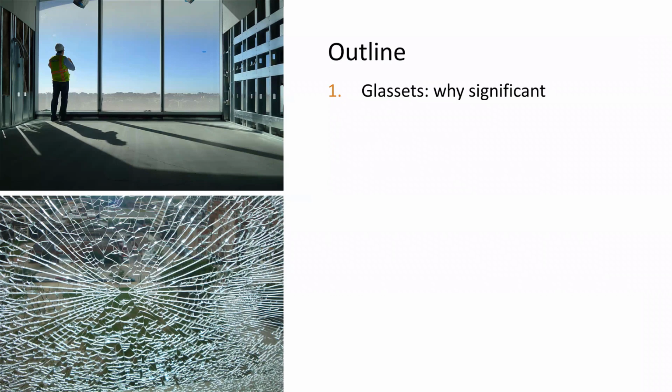Before we move into that, I'd like to coin a term that I hope sticks with you through the balance of this presentation and beyond, and that word is glassets. Cleverly embedded in there is glass and assets, and we'll talk about why they have become such a significant factor in the exterior building envelope.